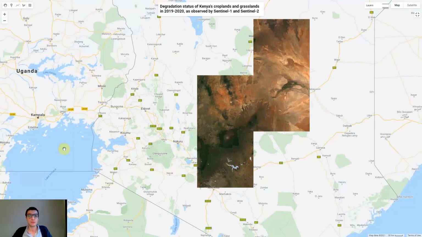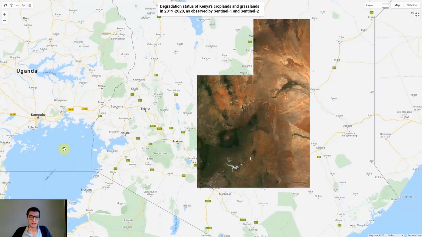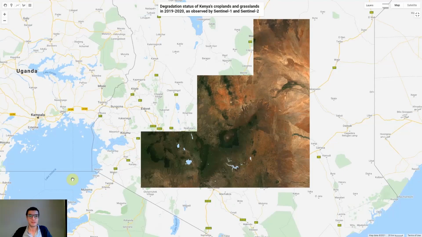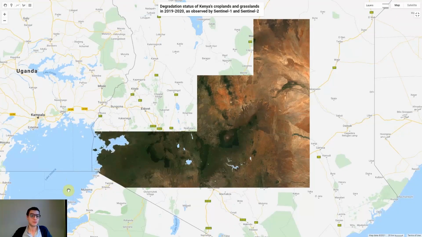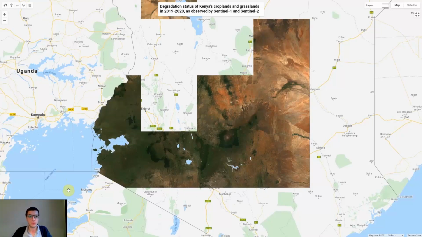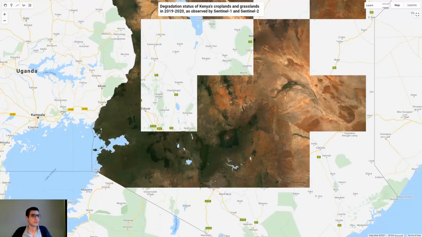I really hope that through the exploitation of these large-scale open source satellite datasets, we can make a leap forward in this industry and generate meaningful carbon credits that are effectively and truly capturing carbon in the soil and helping curb climate change.